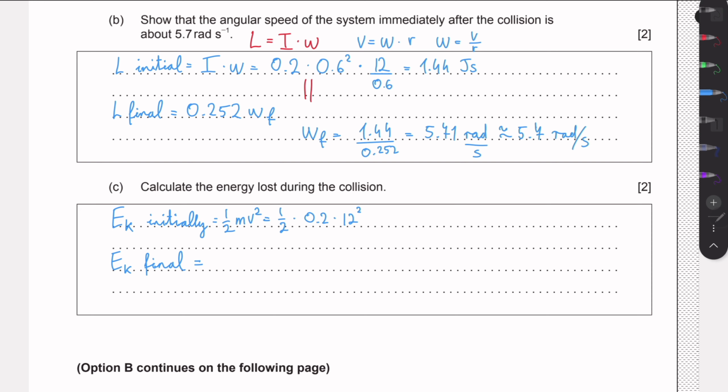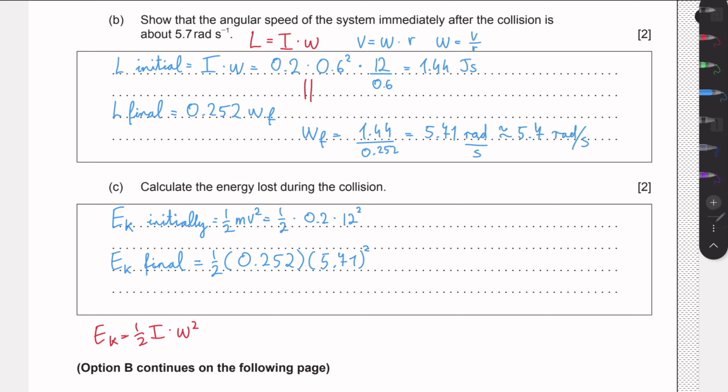And at the end, we're going to have to use the formula that for rotational motion, kinetic energy is 1/2 moment of inertia times angular speed squared. And well, we know our final moment of inertia, 0.252, and then times our final speed squared, so 5.71 squared.